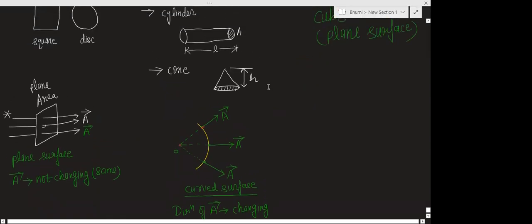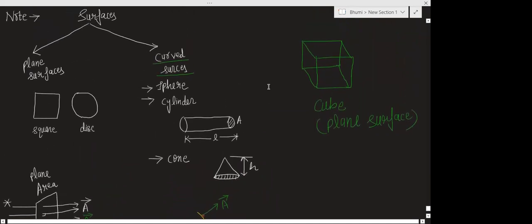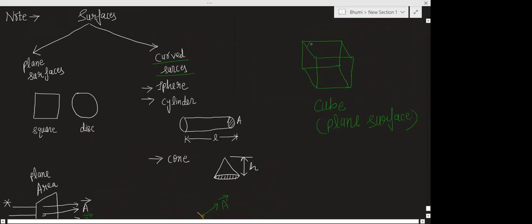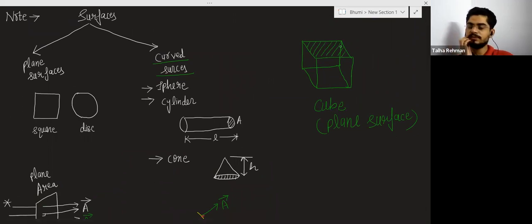Cube is like an exception because all its surfaces are plane. Here you can see all the surfaces are plane. This face, or this surface, is plane. This is plane. So that is why this is a plane surface. And there are many other surfaces other than the cylinder and this cone.